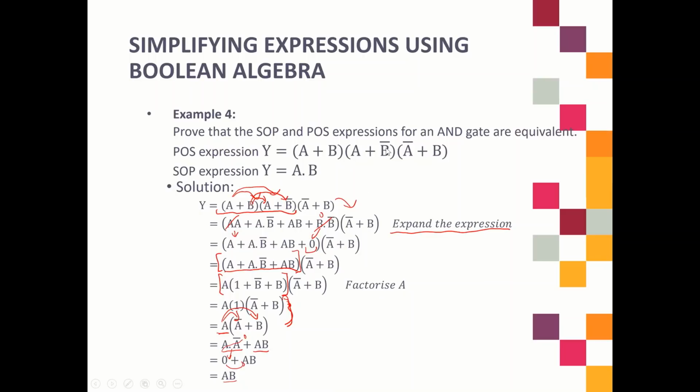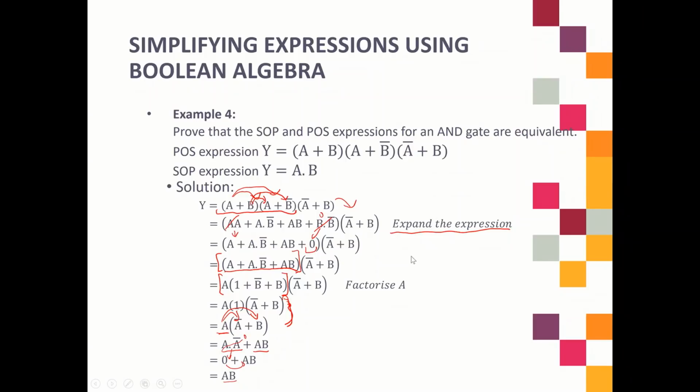It is not necessarily the first two; maybe you can expand the last two, or maybe the first and last, so any two. Because this is a POS, the sign is the same, which is all AND or multiply, so you can choose which sum terms to expand.